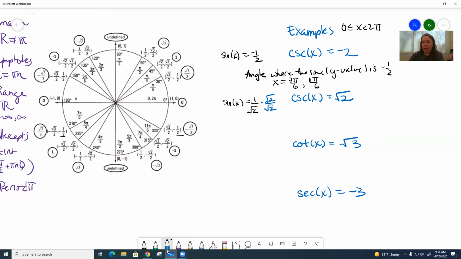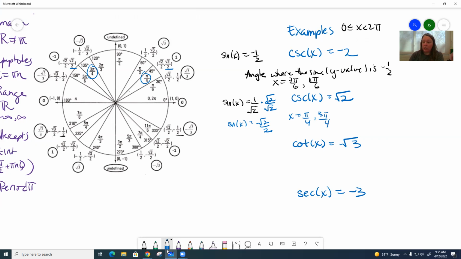We multiply the top and the bottom by a giant 1 of root 2 over root 2. So this is really when the sine of x is the square root of 2 over 2. So I want to know at what angle the y value is the square root of 2 over 2. That happens here and here, and these angles are pi over 4 and 3 pi over 4.